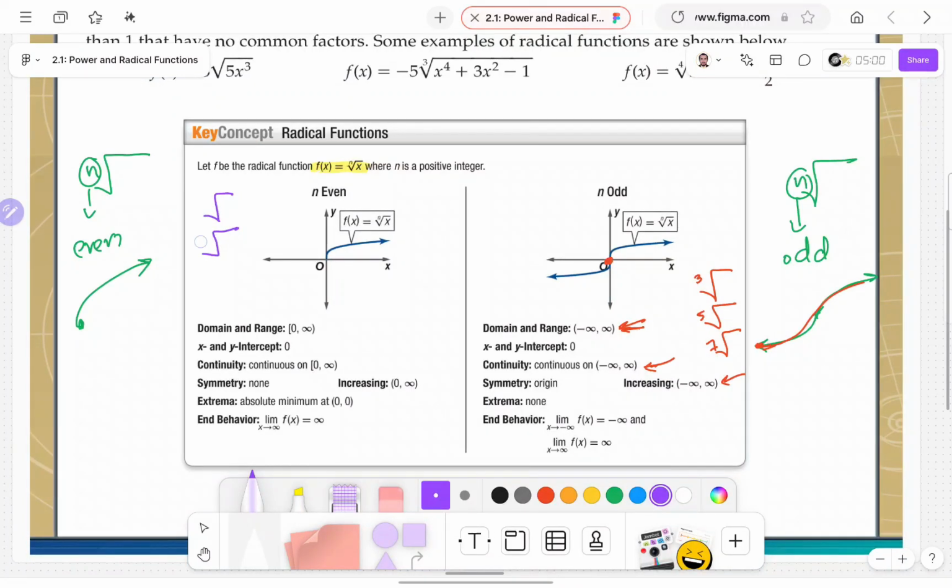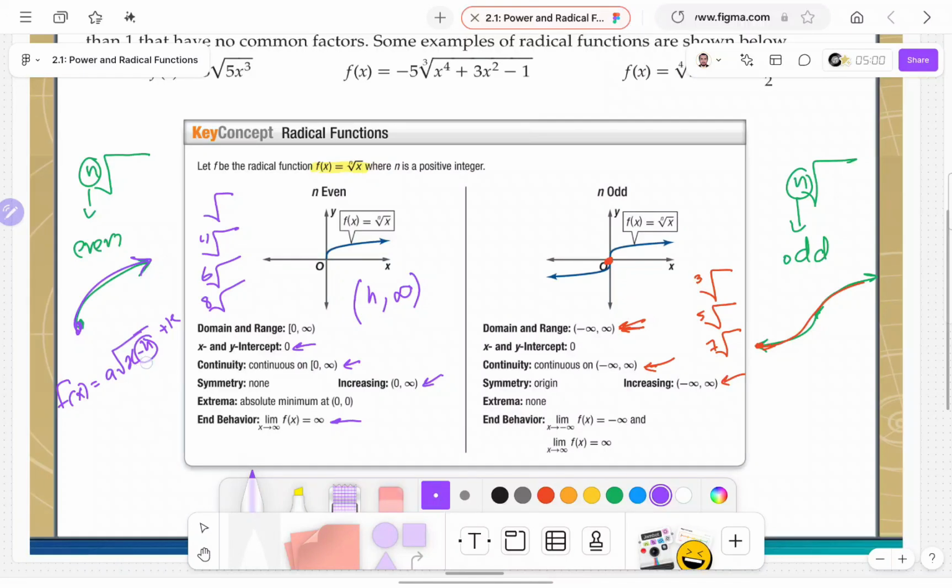But when we're talking about the even index, which is when I have a square root, index 4, index 6, index 8, it always starts from 0 to positive infinity. The intercept is 0, it's continuous from 0 to infinity and increasing from 0 to infinity, and we have only the positive part. I always tell my students, it always starts from h to positive infinity, because you know the formula for graphing is f(x) = a(x - h) + k.